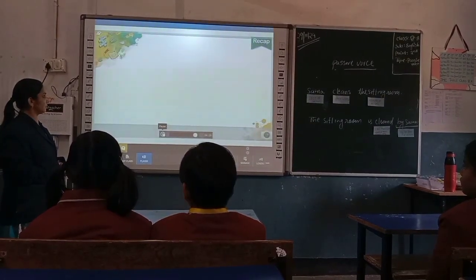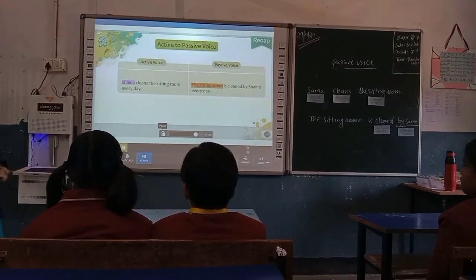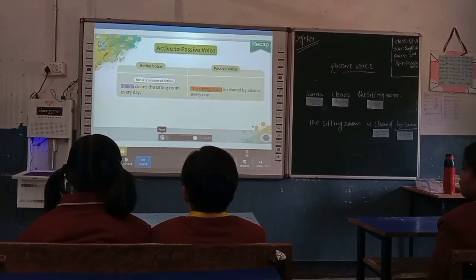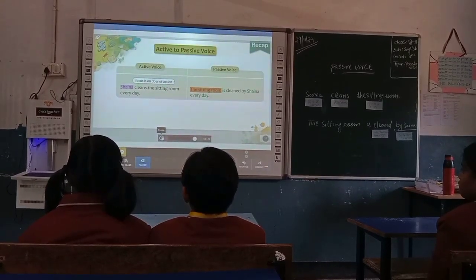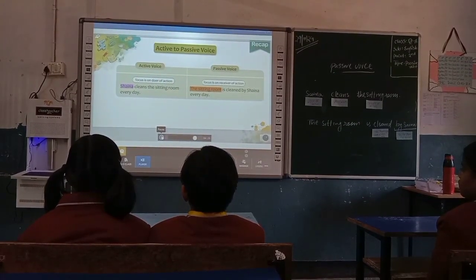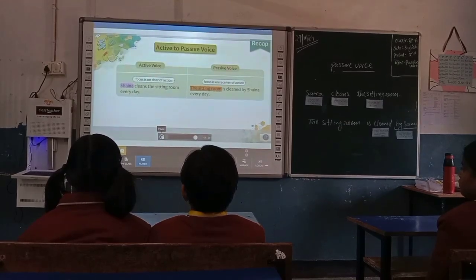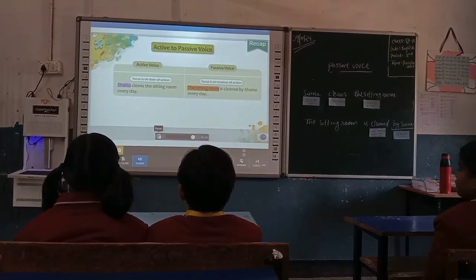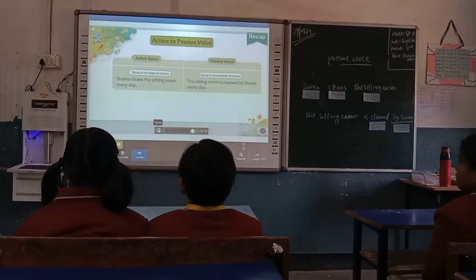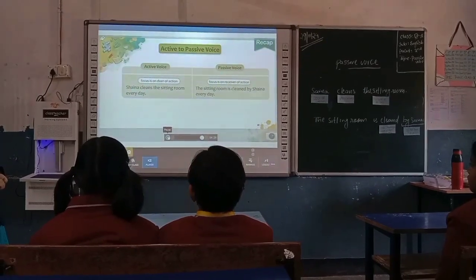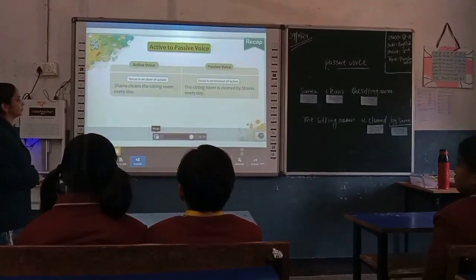To recap, in the active voice, we focus on the doer of the sentence. In the passive voice, the focus is on the receiver of the action, not on the doer. And how do we change a sentence from active to passive voice?